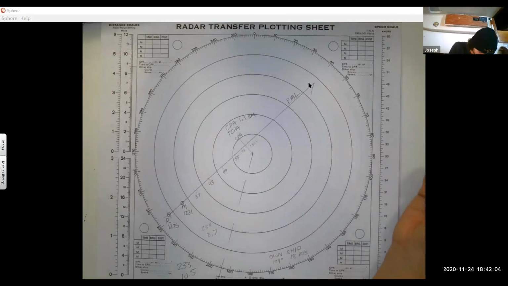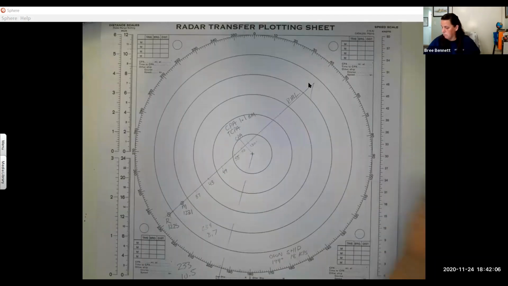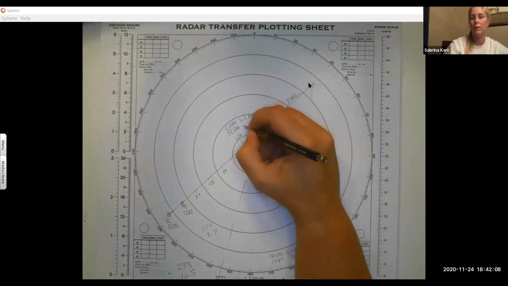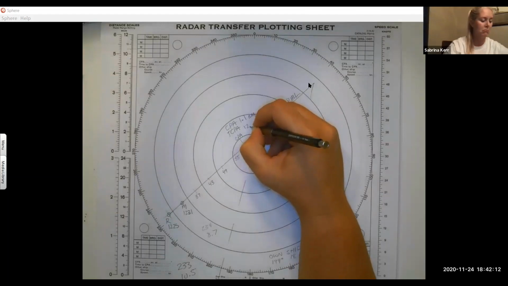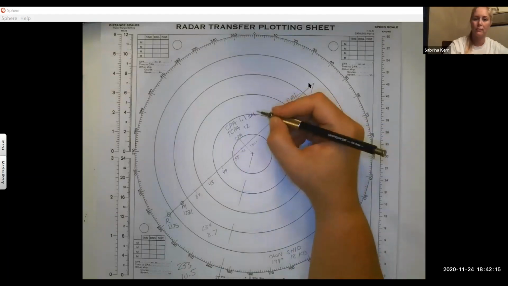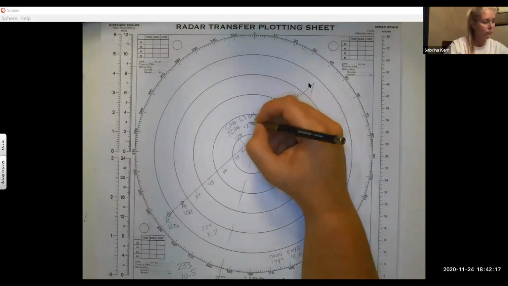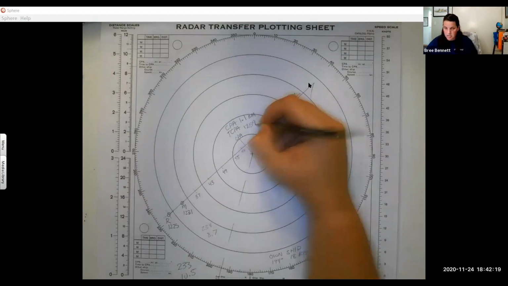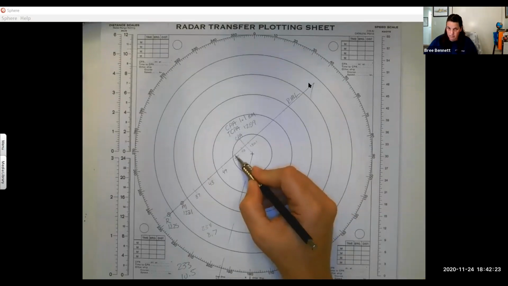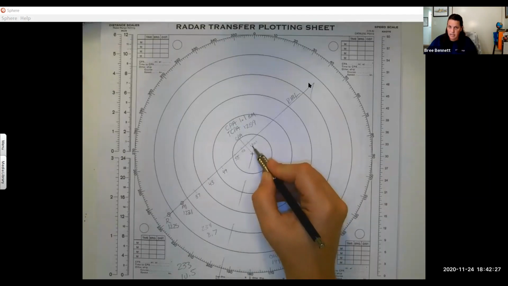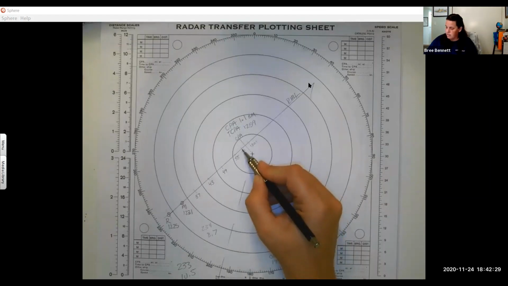So what do you guys get for time of CPA? I would have like 1257. Okay, I'm gonna call mine 1259. So I got my tick at 1255 and then 1301, and then I put one in the middle.